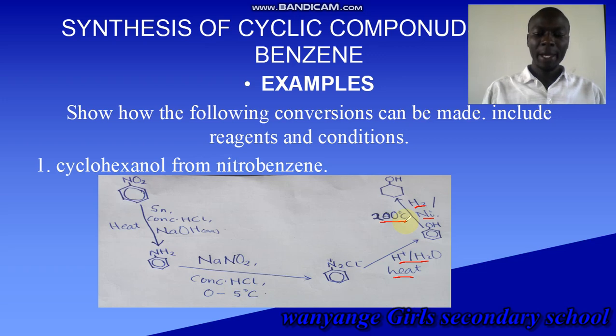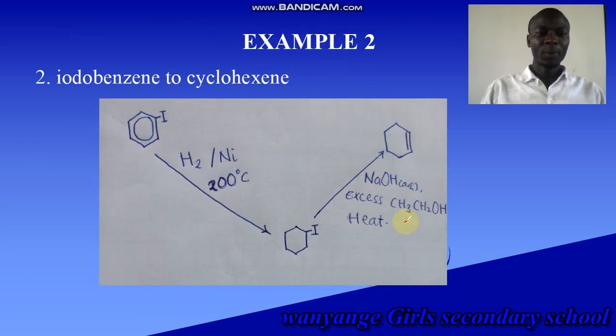Okay? A second example. You are forming cyclohexene from iodobenzene. Iodobenzene has an iodine atom attached to a benzene ring. But cyclohexene is a cyclic alkene, with one double bond.